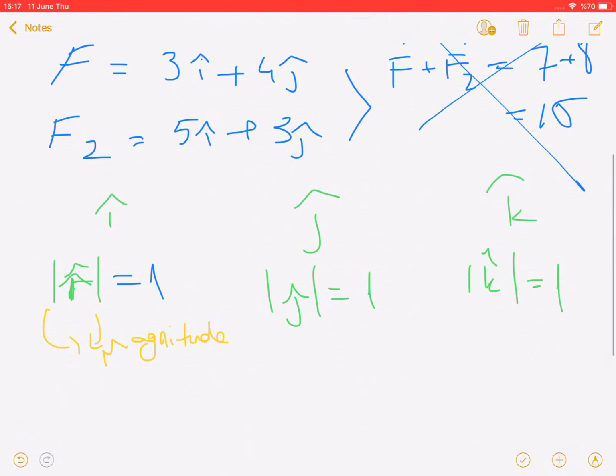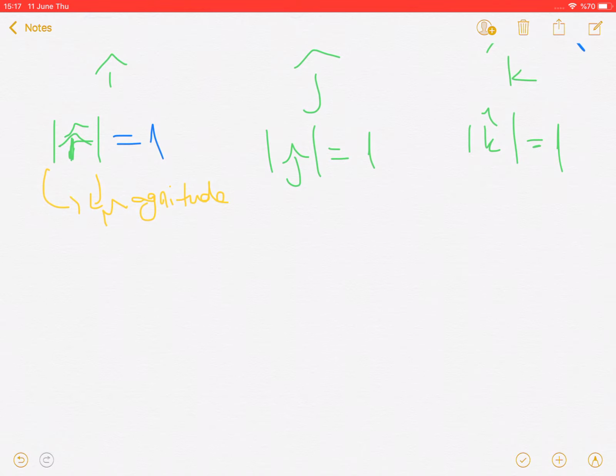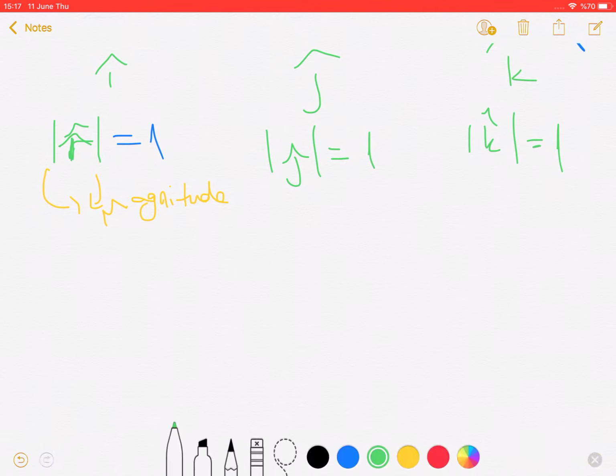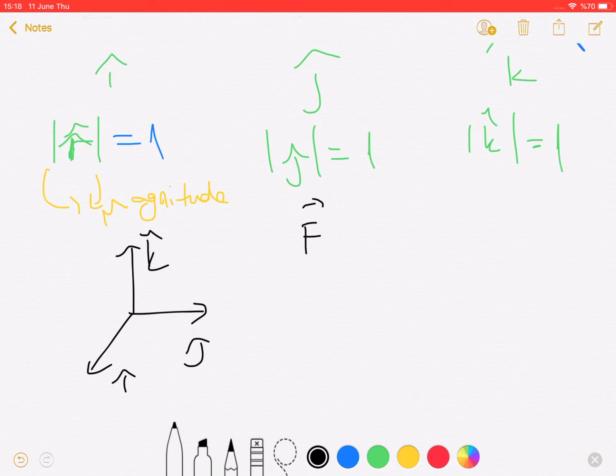But they have three different directions. In a three-dimensional system, we normally show them like that: i hat, j hat, and k hat. If I give you F equal to 3i hat plus 4j hat, it means that I have two components, magnitude of 3 in i hat and magnitude of 4 in j hat.